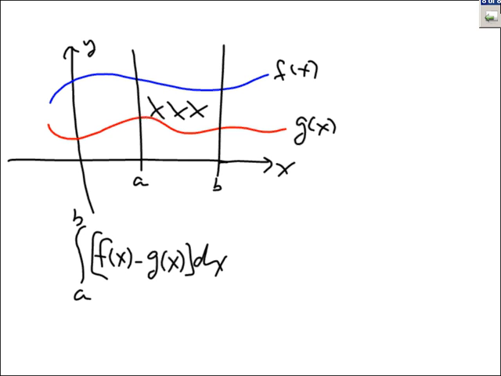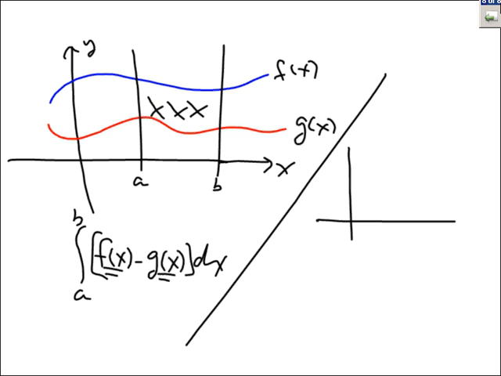It's very clear that the blue function, f of x, is always above the g function, which is in red. Now, that may not always be true. For example, if you were asked to find the area between A and B, between the two curves, and the curves happen to look like this, and the top function is f, and the blue function is g.